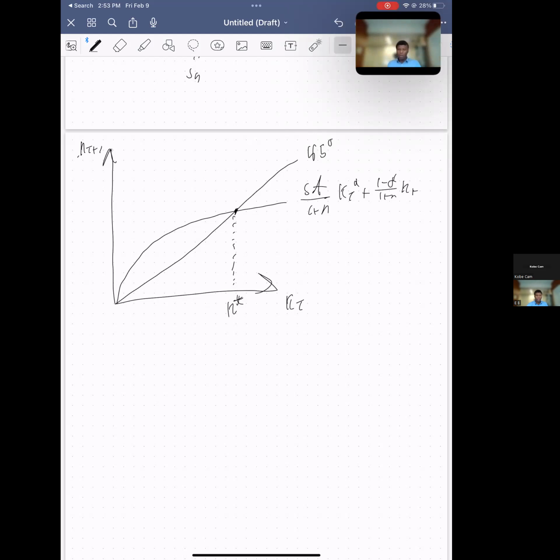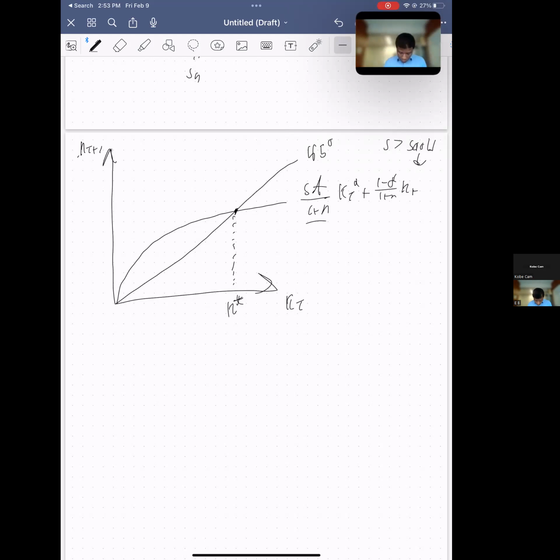So the question said that we're starting from S greater than S gold, right? And then we go down to S gold. So what does that mean, right? That means S is going down. Savings rate is going down. So if savings rate is going down, look at our equation here. S is in the numerator here. That means if S goes down, this equation also goes down.